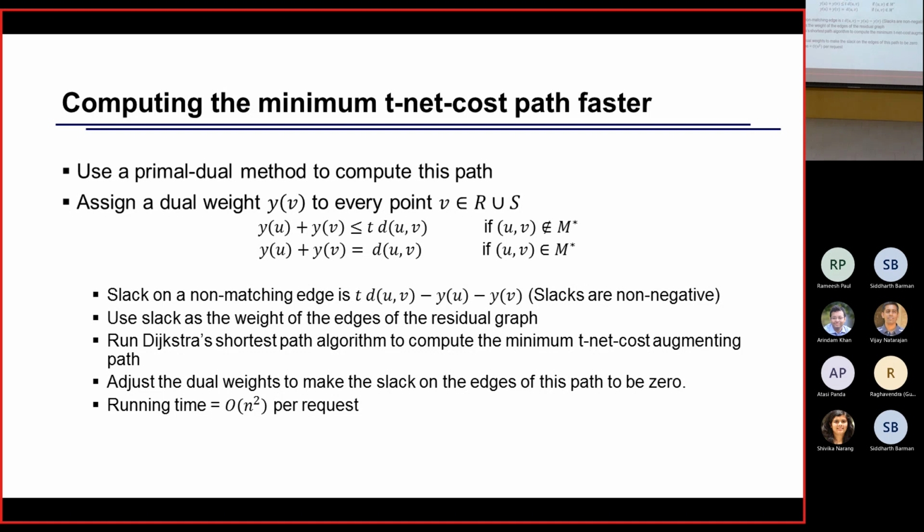When T is 1, this is the classical matching dual program for the matching problem. So this is basically a relaxation of the classical dual problem. We maintain this, and then we set the weight of every edge to be the slack of the edge. Slacks are always non-negative. So instead of running Bellman-Ford, you can now run Dijkstra's shortest path algorithm because you have non-negative weights. And then you can compute the minimum T-net cost augmenting path using this. It improves your running time from N cubed to N squared.